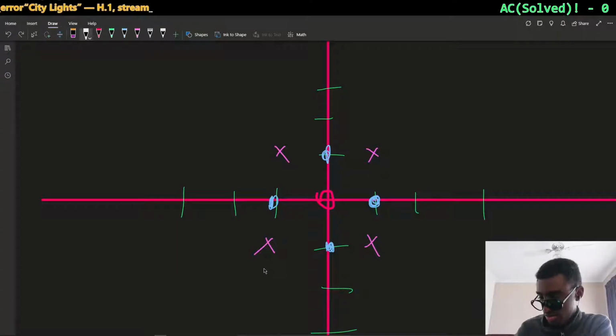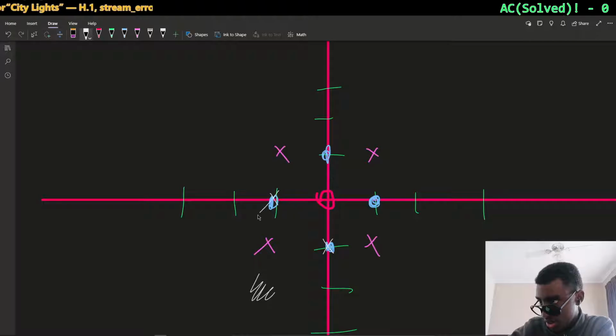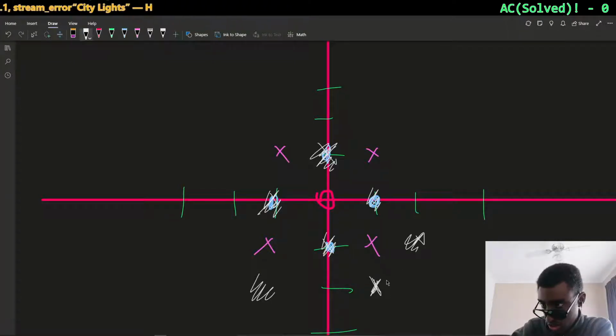Just gonna draw these scribbles. Could have ended up there, even there. And then something magical is about to happen. Trust me. I'm just struggling to stay consistent with my lines, but that's about it.